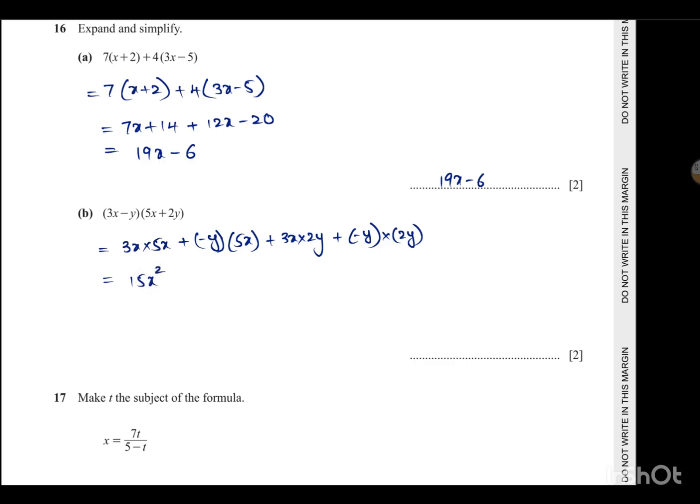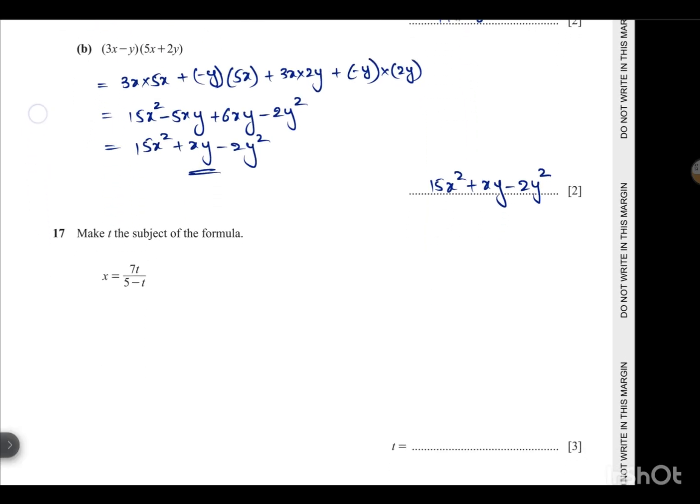Minus y into plus 5x is minus 5xy. 3x into 2y is 6xy. Minus y into plus 2y is minus 2y square. The xy terms are like terms, you have to add them. Minus 5 plus 6 will be 1. So 15x square plus xy minus 2y square. This is the answer.